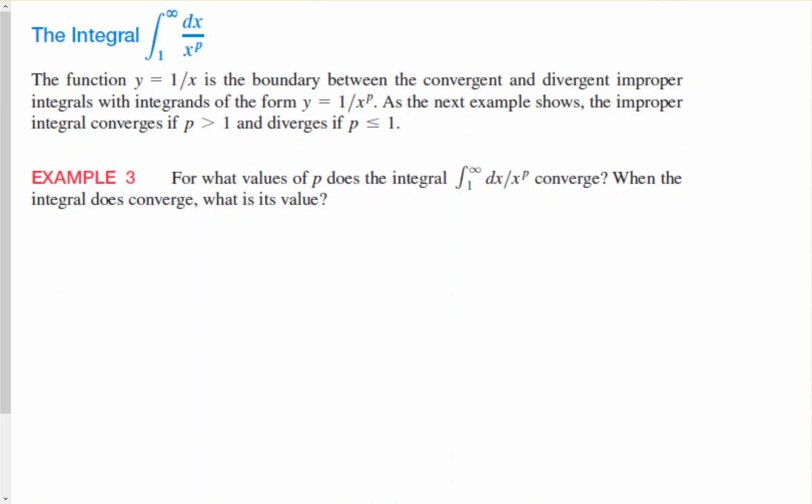We would do limit, introduce the variable, let's do b, b approaches infinity of the integral from 1 to b of dx over x to the p.